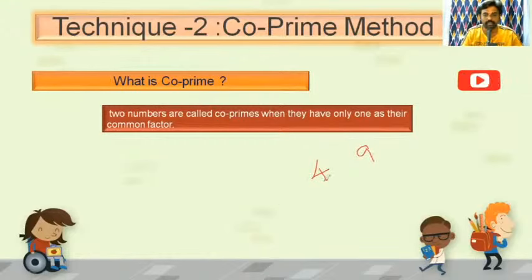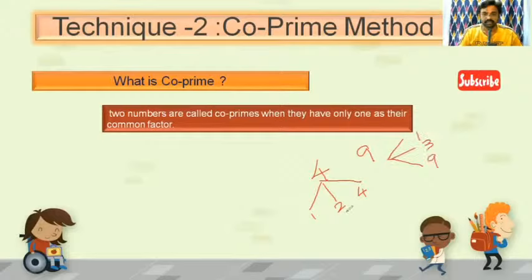Let us see the factors of 4 and 9. The factors of 4 are 1, 2 and also 4. And the factors of 9 are 1, 3 and also 9.